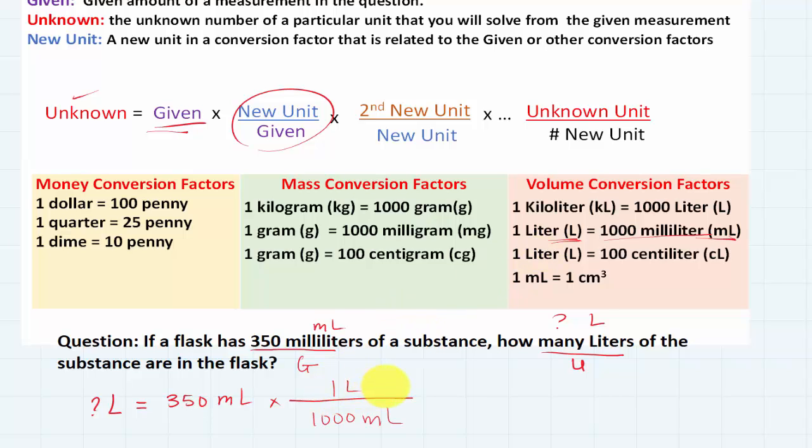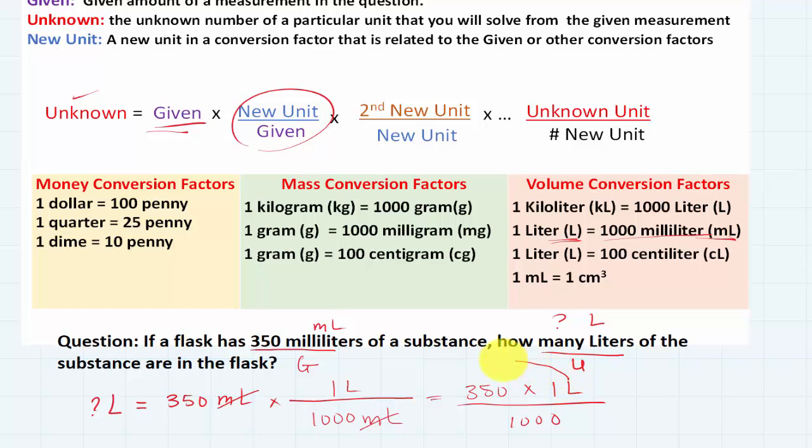And notice how I use L to represent liter, ml to represent milliliter. And notice, ml cancel out and give us 350 times 1 L, which is liter, divided by 1,000. Notice how I did not write the unit milliliter, because they are being canceled out, where liter is not.